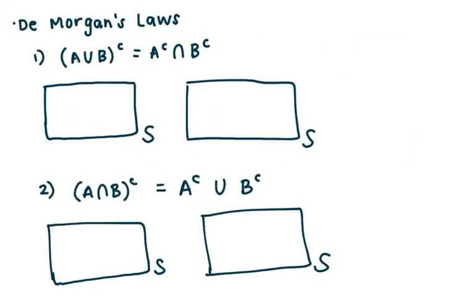Now we're going to look at De Morgan's laws. To help us understand this, I'm going to draw Venn diagrams again, first for the left side. It says A union B, the complement.